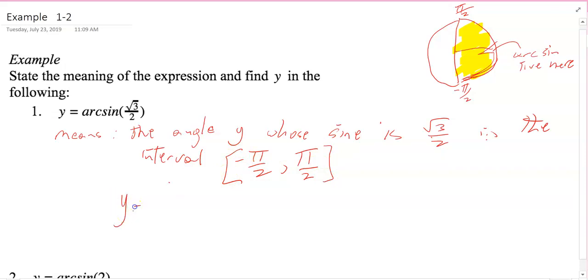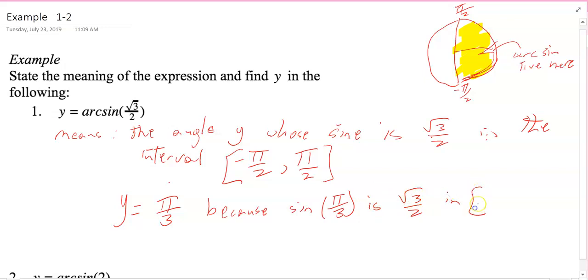This angle y will be equal to pi/3. It's equal to pi/3 because sine of pi/3 is radical 3/2 in this interval, negative pi/2 to pi/2.